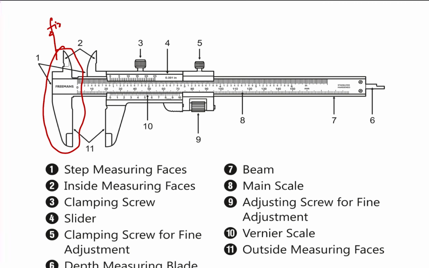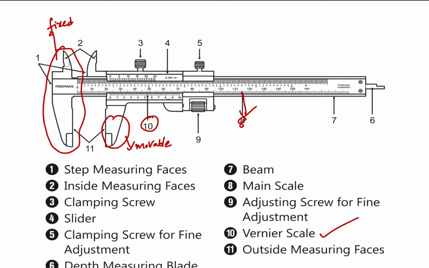The right side is movable, and the upper part will also move. This scale is for this movable jaw. The vernier scale is connected. You can see the 10th point on the vernier scale. The main scale is there, and you can see the main scale reading is 8th.